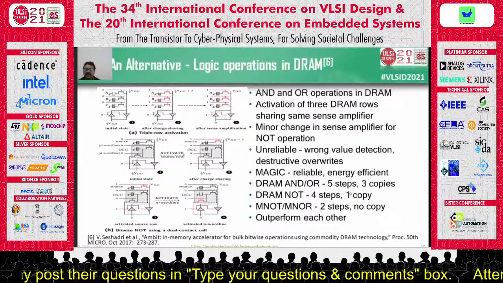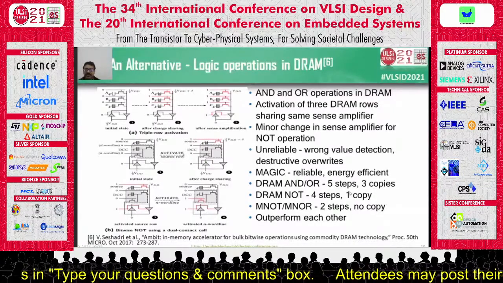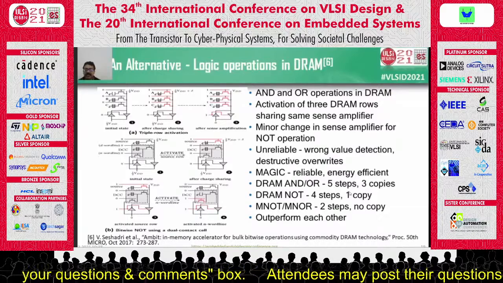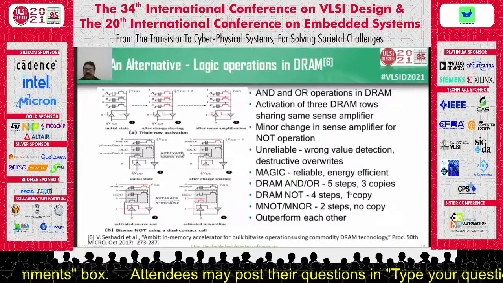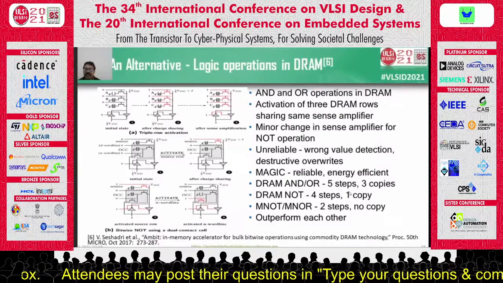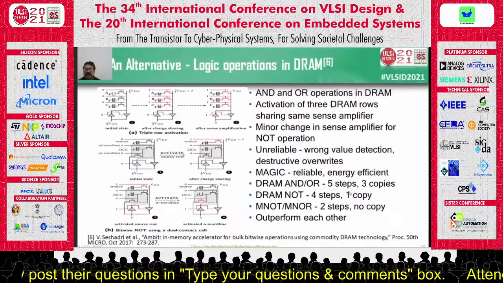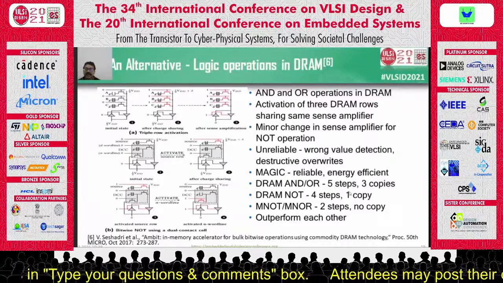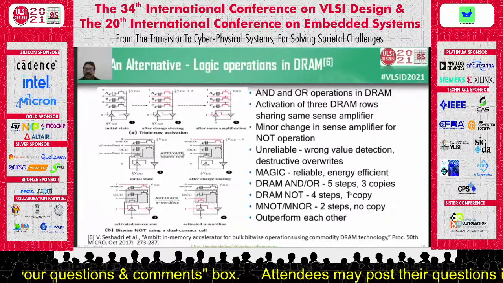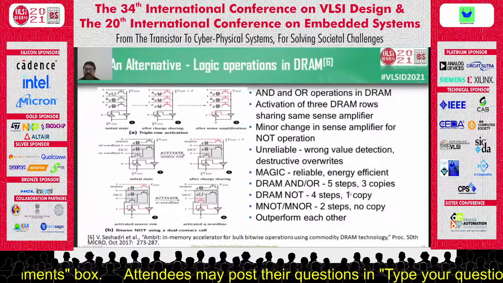As we know, the DRAM needs a refresh, which requires some energy, while the MAGIC or the MMPU-based system is reliable and energy efficient due to its non-volatile property. Still, there are situations where both technologies can outperform each other depending on the particular logic being solved by their basic instructions.